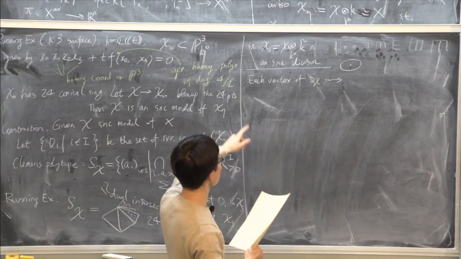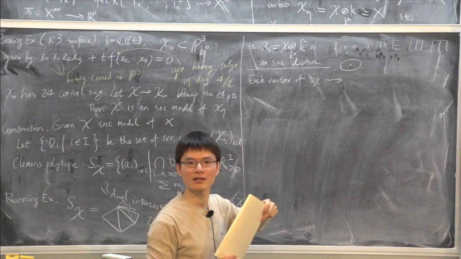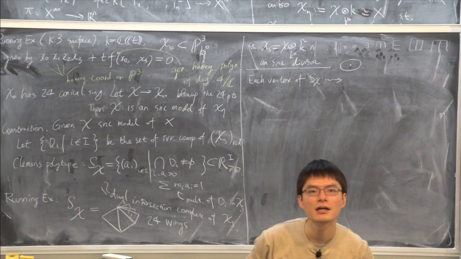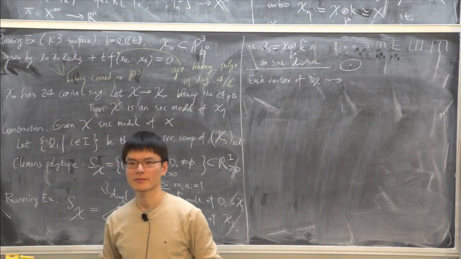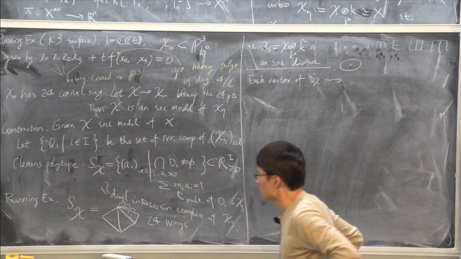Why is this Clemens polytope like this in the case of the K3 surface? The central fiber, if you hadn't done the resolution, would just be x0 x1 x2 x3 equals 0, the usual tetrahedron.